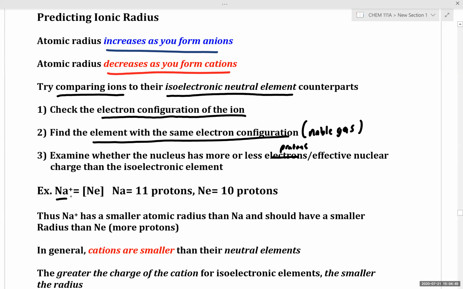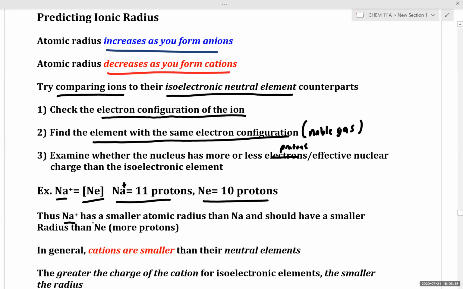So for example, sodium plus has the same configuration as neon. Sodium has 11 protons, neon has 10 protons. Thus, because sodium plus has more protons, the electrons in the outermost orbital experience a greater effective nuclear charge, and thus the electrons found in sodium plus are held closer to the nucleus.